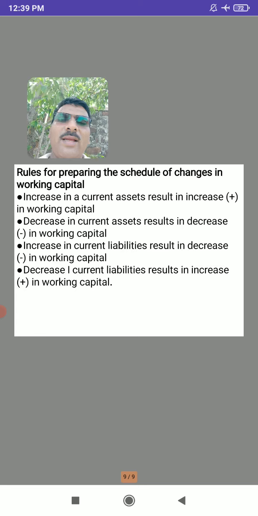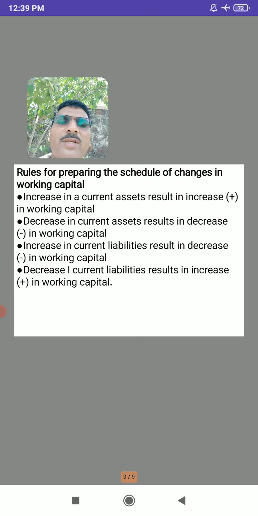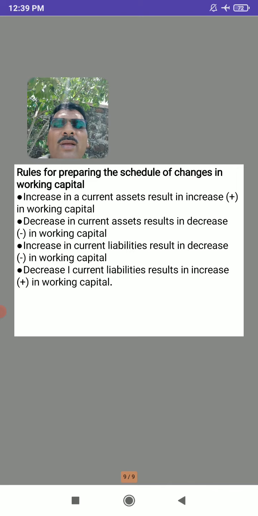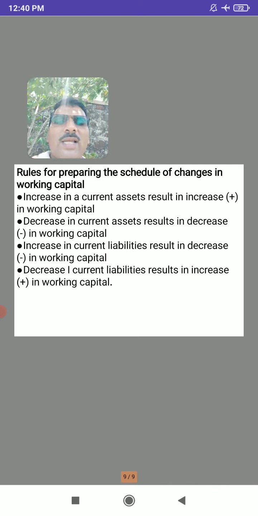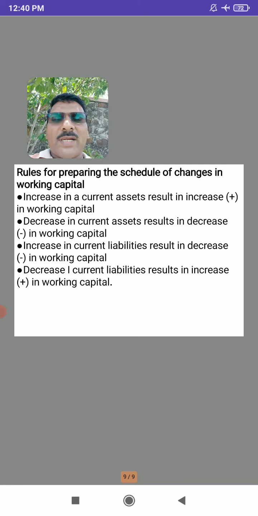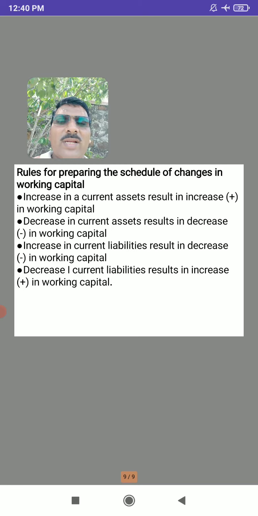Finally, there are some rules for preparing the schedule of changes in working capital. If there is an increase in current assets, it results in an increase in working capital. Whenever we purchase current assets, the working capital will increase.